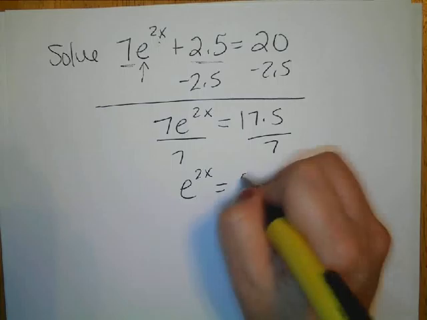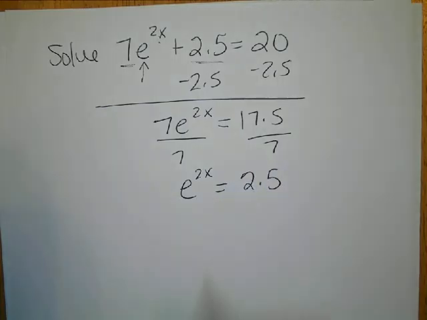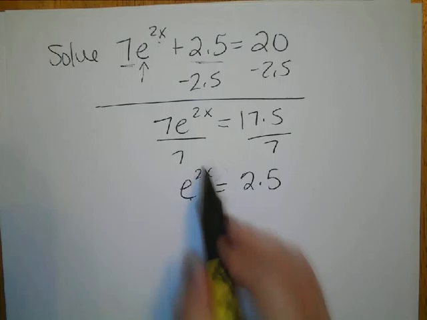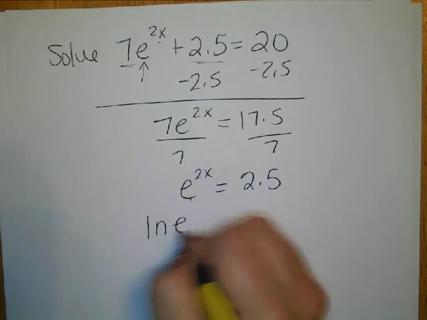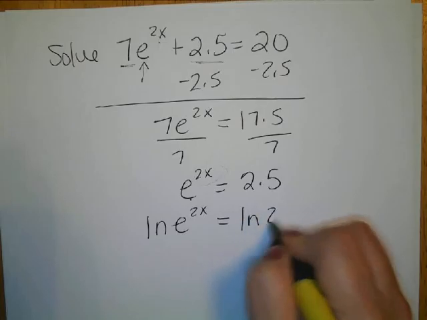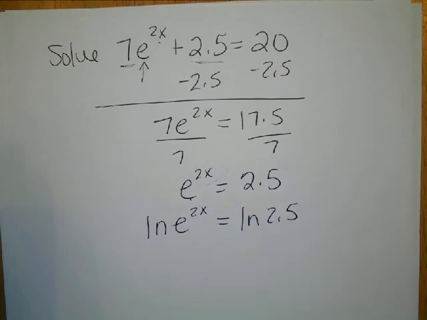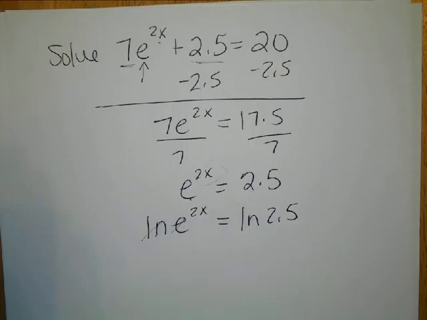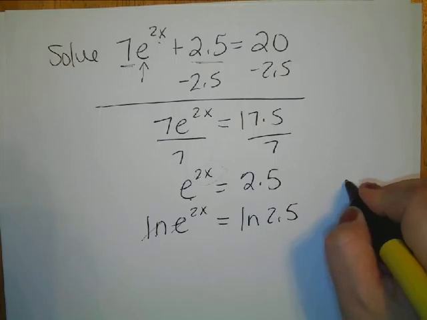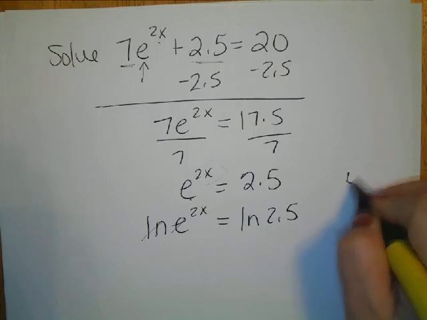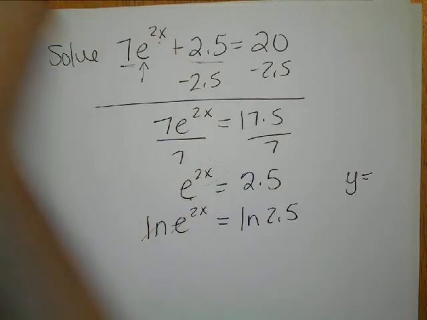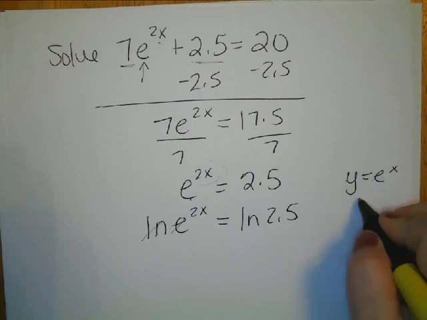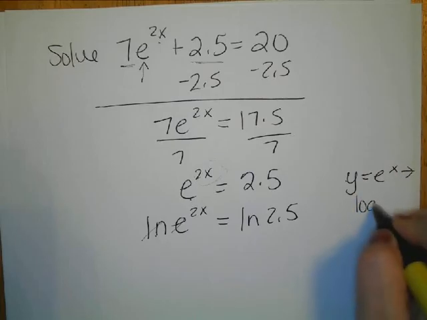Now, since e is here and there's an x in the exponent, I get to take the natural log of both sides. Now, when I do that, I know the natural log of e cancels out. But really what happens is I have this y equals, remember the thing that we've been using, e to the x, and I can write that as natural log of y equals x.